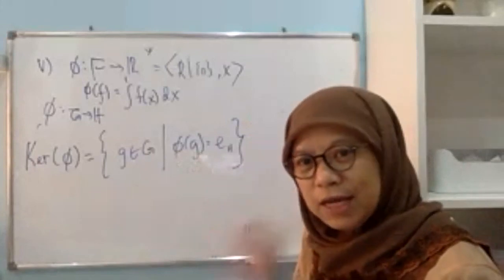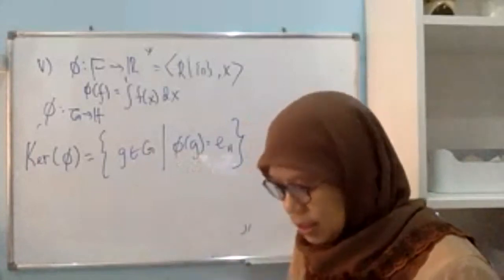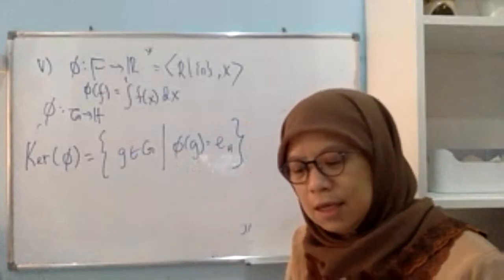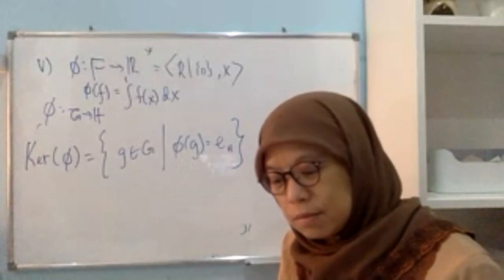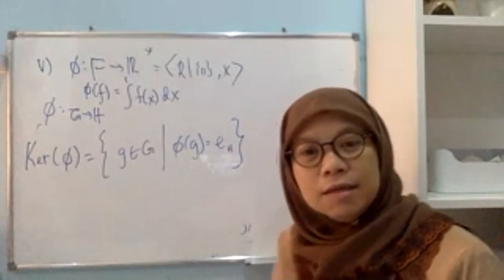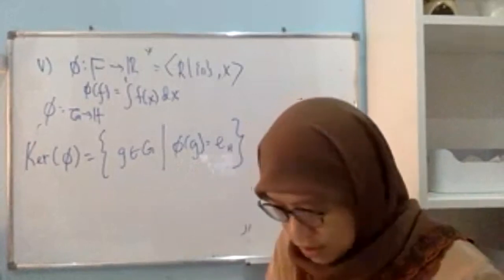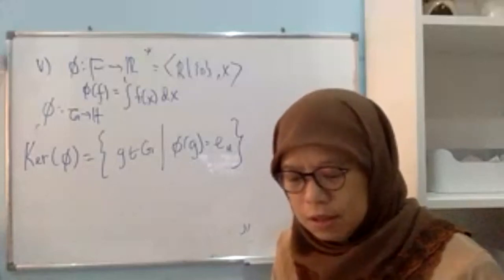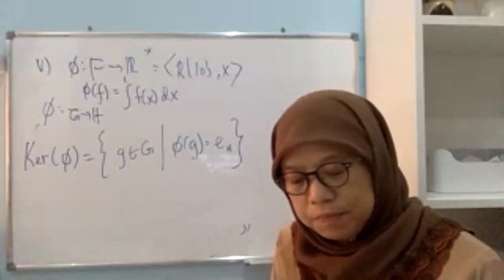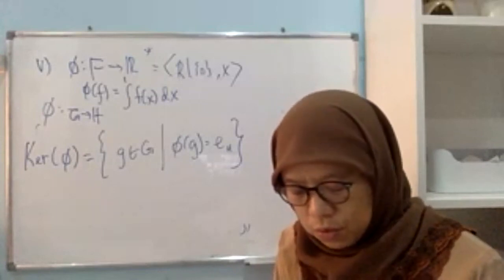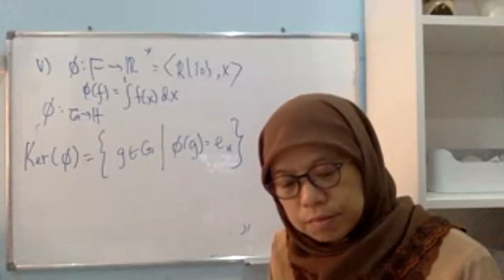The identity has to be inside the image. The 0 there is the identity. Please change the equal to 0 to the identity, e.